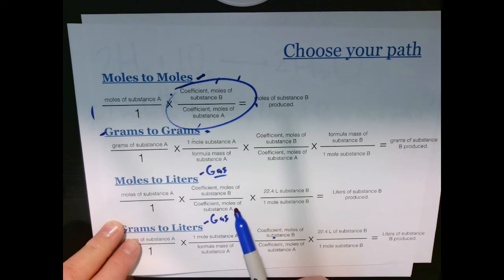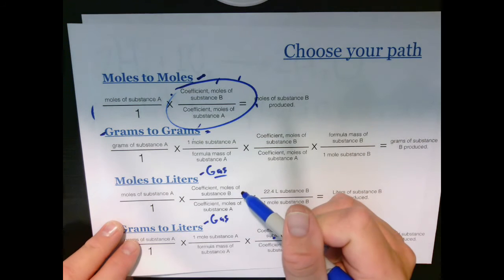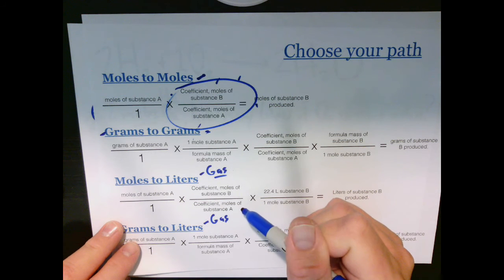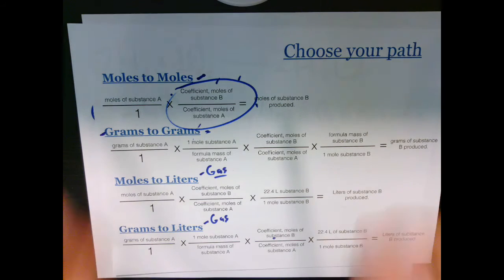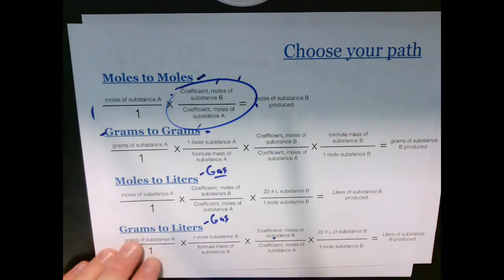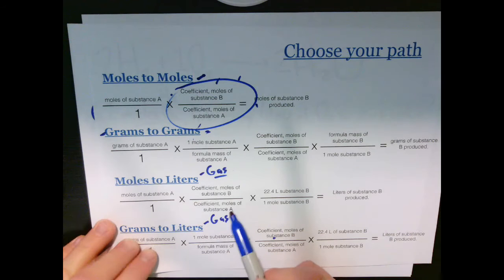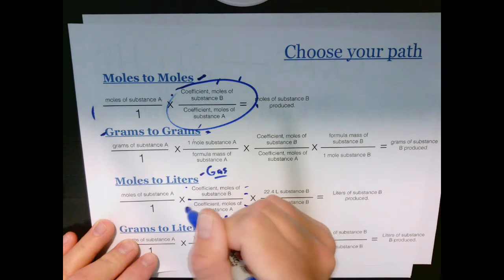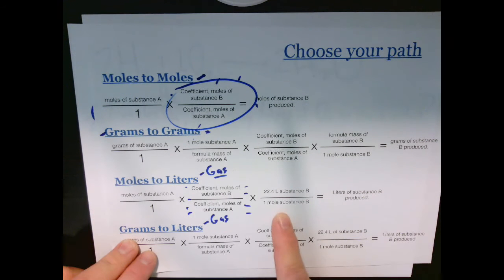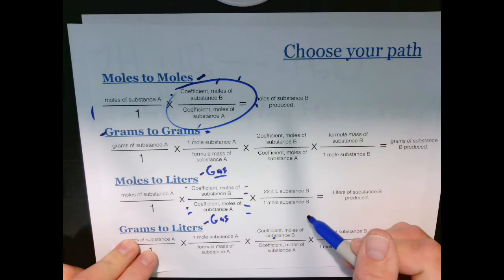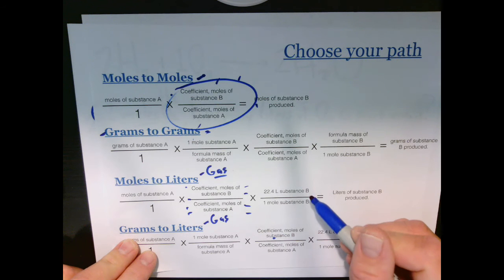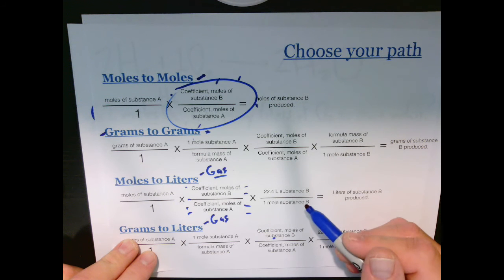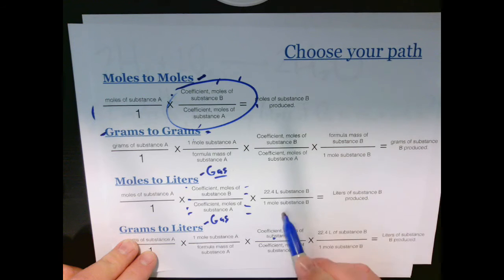And then we're going to multiply that by a fraction where the coefficient of the oxygen is going to be over the coefficient of the hydrogen, because hydrogen is substance A, air quotes there. It's what we're converting from, and the oxygen is substance B. Okay, so these again are coefficients from the balanced equation. And then we're going to add 1 additional fraction where 1 mole is in the denominator and 22.4 liters is in the numerator. Because again, for gases, that's our conversion factor from moles to liters.